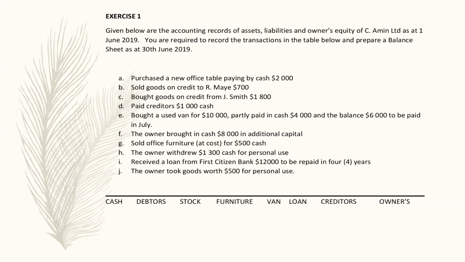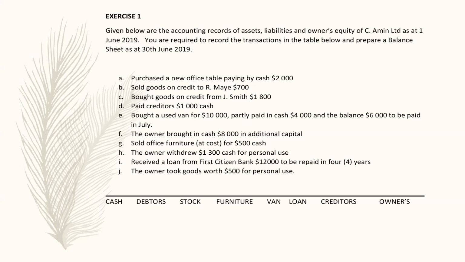All right, we are going to D now. You paid creditors by cash. The two accounts we are looking at there are creditors and cash. If you paid cash $1,000, it means that your cash is going to be reduced. So under the cash column, you put minus $1,000, which is very simple.